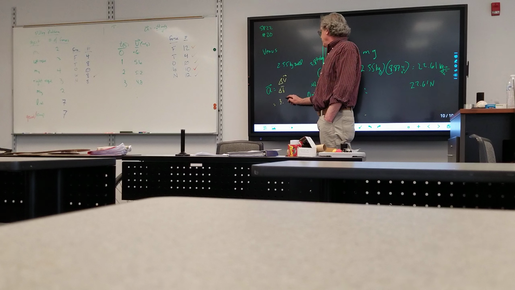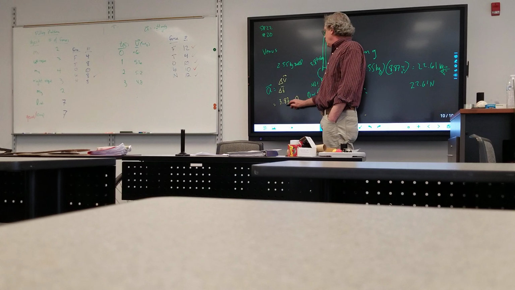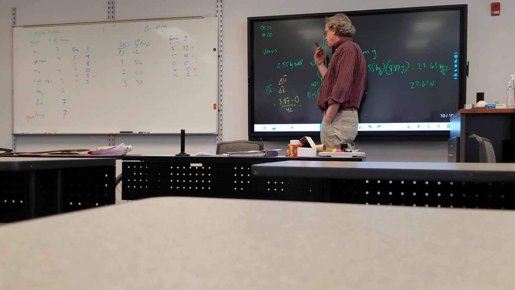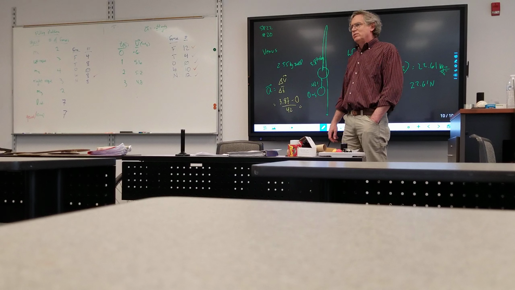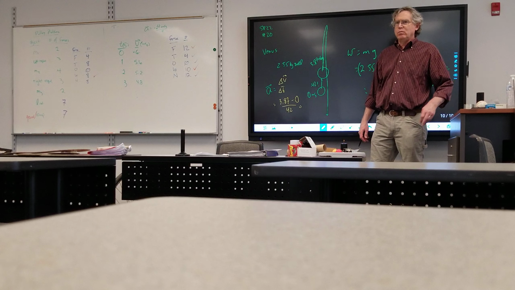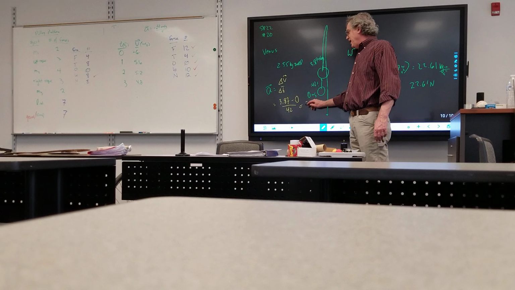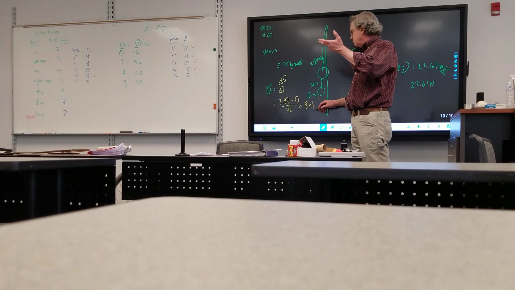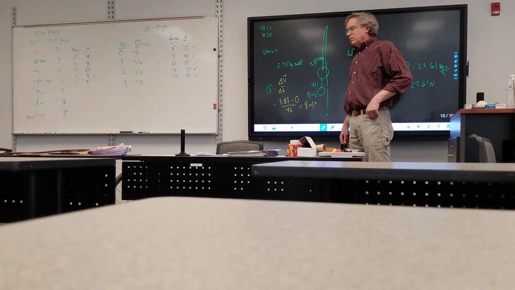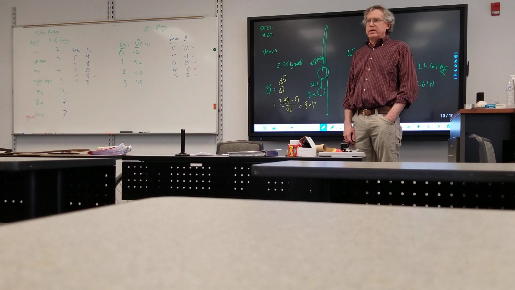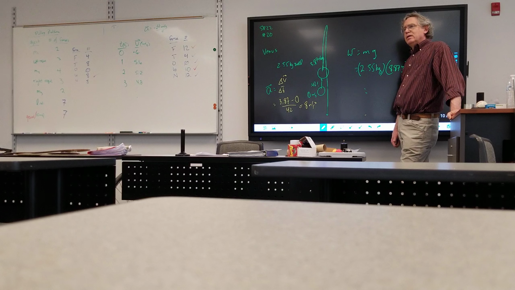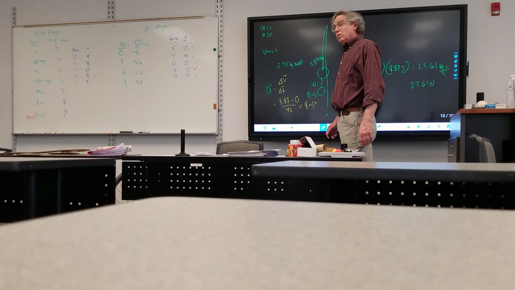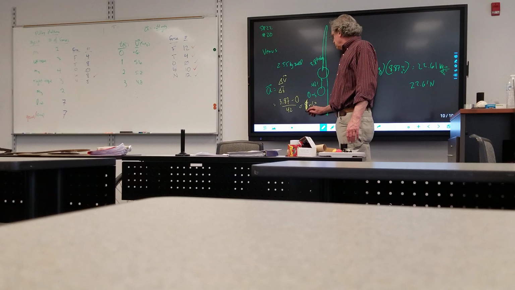So I got 3.87 minus 0 over 0.42, and that gets you probably somewhere around 8-ish. I'm going to put 8 meters per second squared for now, unless somebody corrects it. 9.21 meters per second squared.